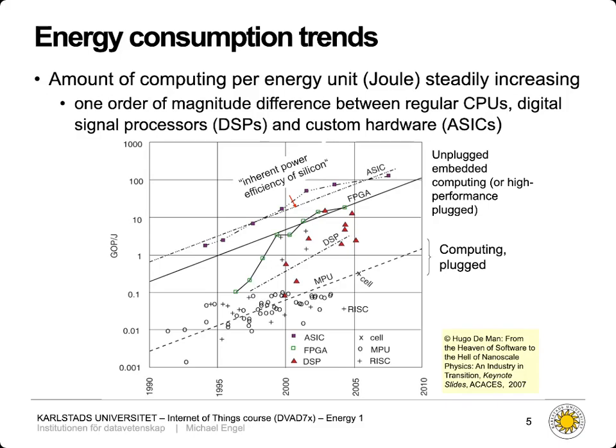And if I manage to build a custom chip, which only makes sense when you build millions and millions of them, then I can again be a little more energy efficient. So essentially what we do in the IoT, running everything on microcontrollers, might be the most energy inefficient way, but of course we have other non-functional concerns that we have to consider, like cost, for example, and maybe a microcontroller is the most cost-effective solution there.